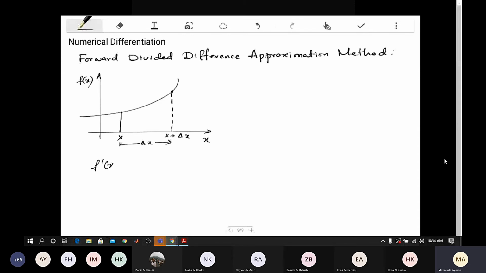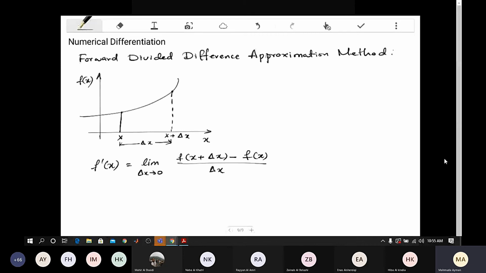So f prime x is equal to the limit of delta x approaching 0 of f of x plus delta x minus f of x divided by delta x. You have learned this in your differential calculus class. This is the definition of the derivative of a function.